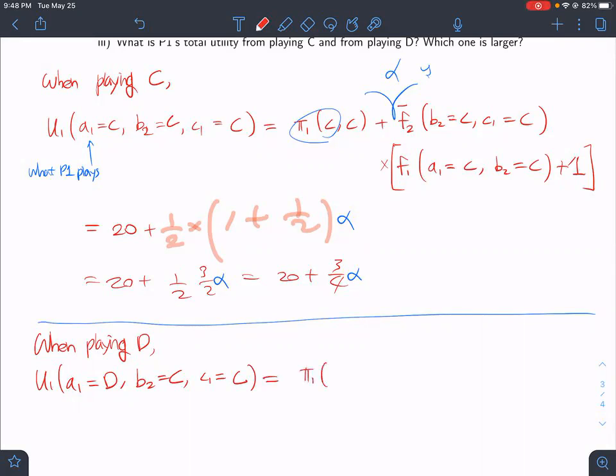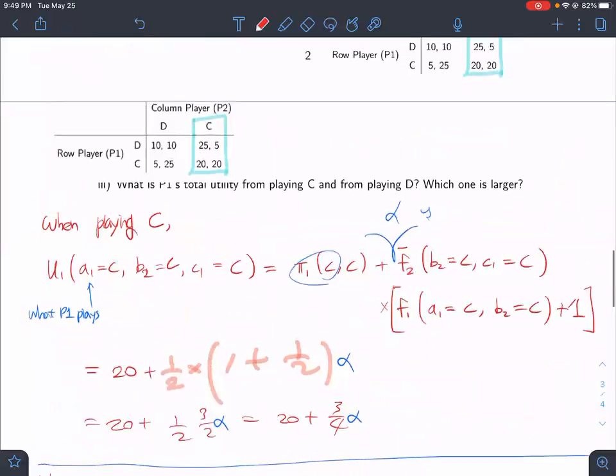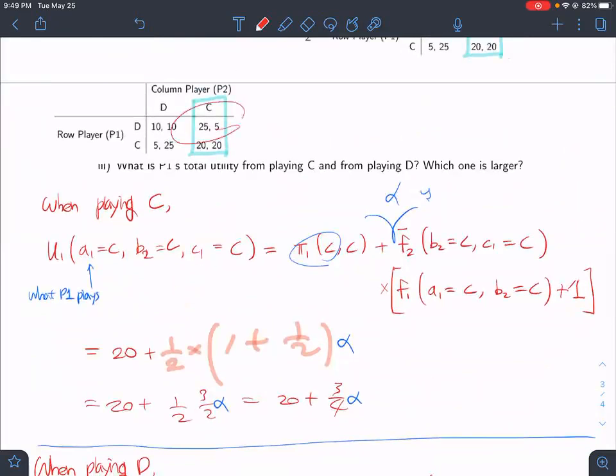Then we need the utility when I'm playing D and the opponent is playing C. We need F2 bar where B2 is C, C1 is C. You can see that this term is common. We have F2, F1. Now I'm playing D instead of C, and the opponent is playing C, plus 1. If we play DC, then we fall into this outcome, and my utility will be 25.